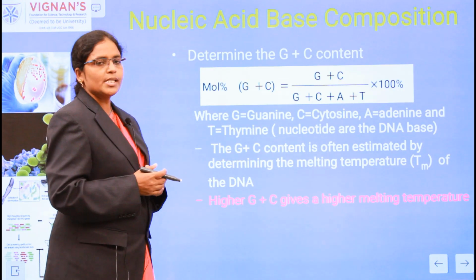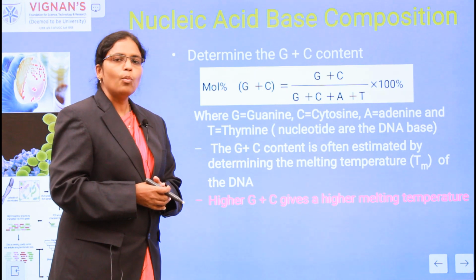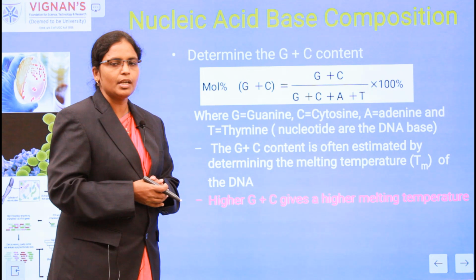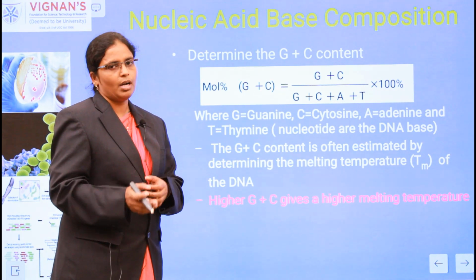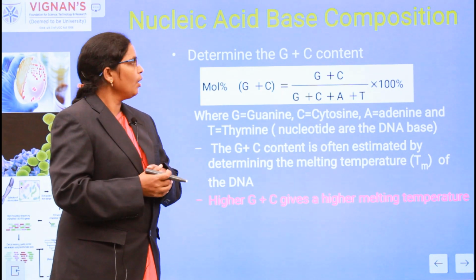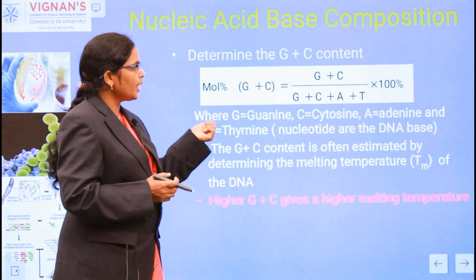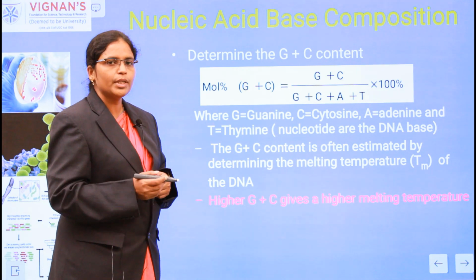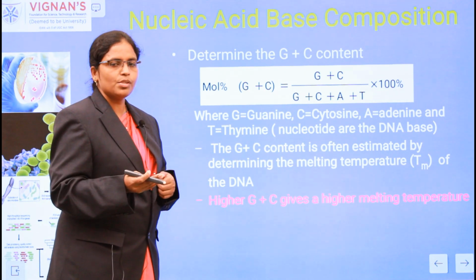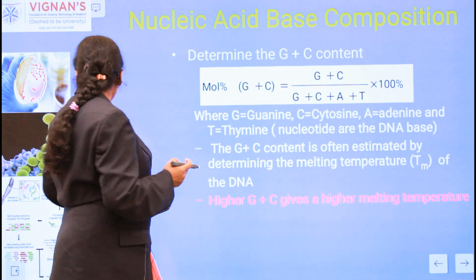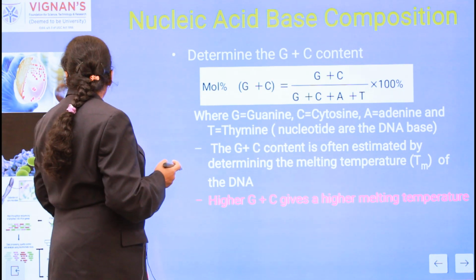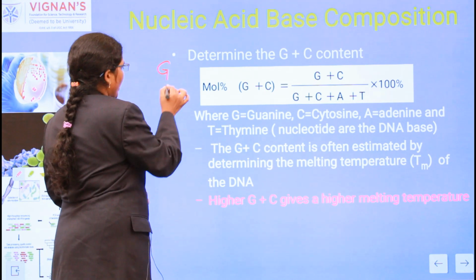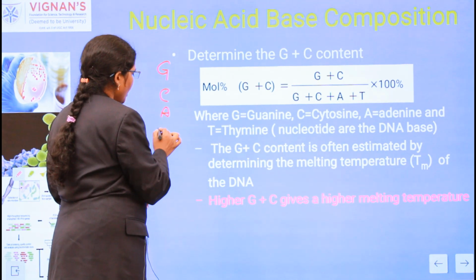Now see the nucleic acid base composition. What is nucleic acid? Nucleic acid is nothing but the genetic material, either DNA or RNA. Okay. So if you see the genetic material DNA, it consists of 4 nucleotides. What are those nucleotides? Guanine, cytosine, adenine and thymine. You all know about these 4 nucleotides: guanine, cytosine, adenine and thymine.